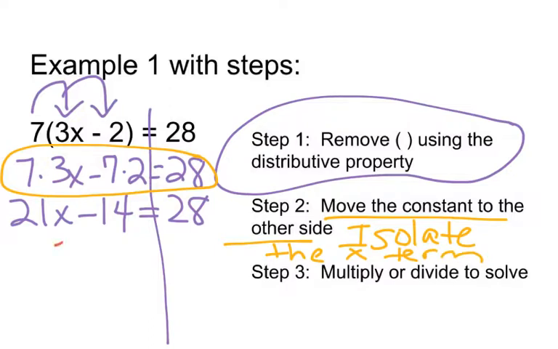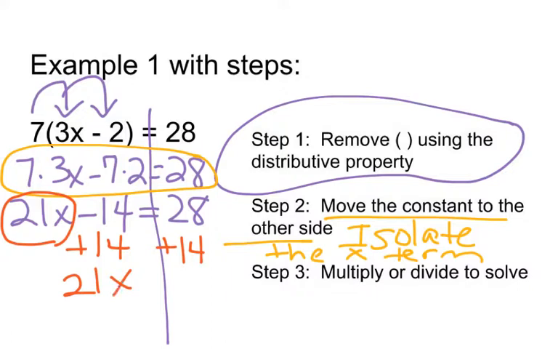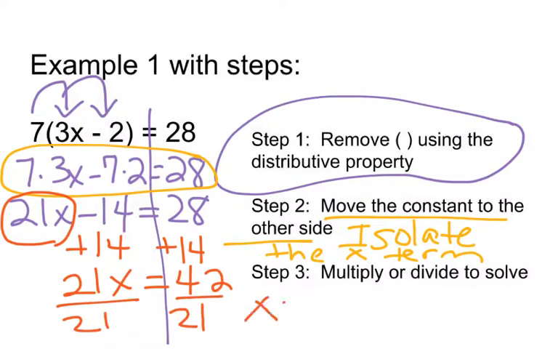So when we have 21x, where the x is, I need to move the 14 to the other side. And that is 21x equals 42. And I can divide both sides by 21, and my x value is 2.